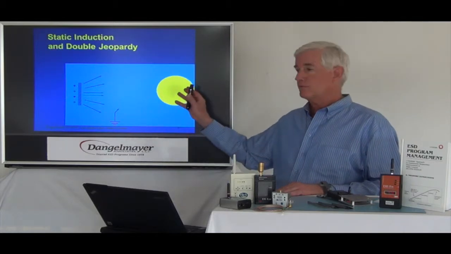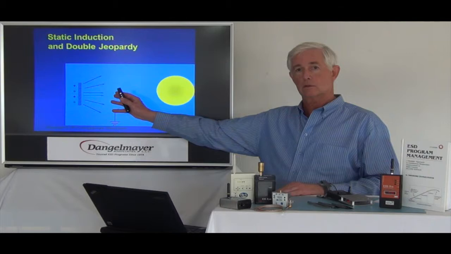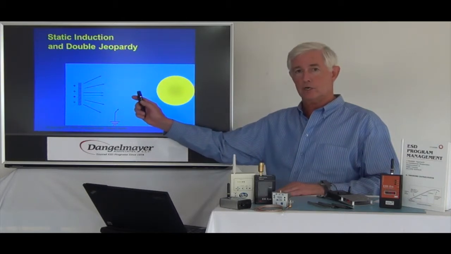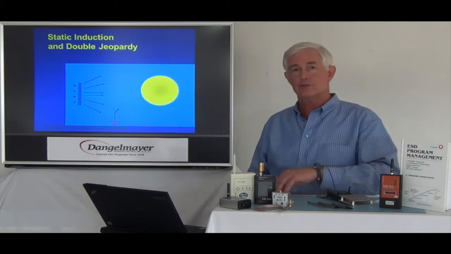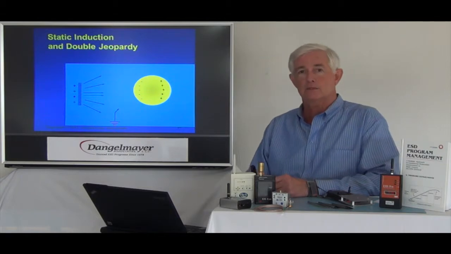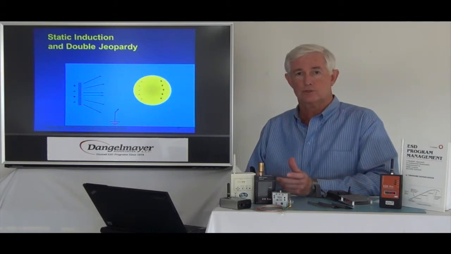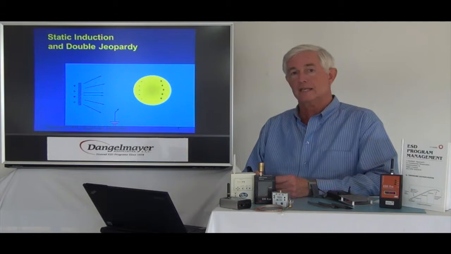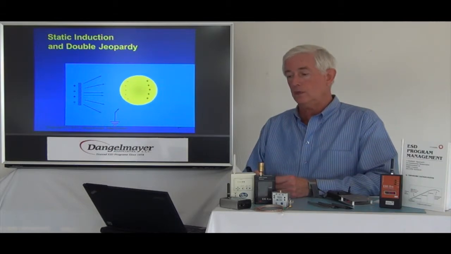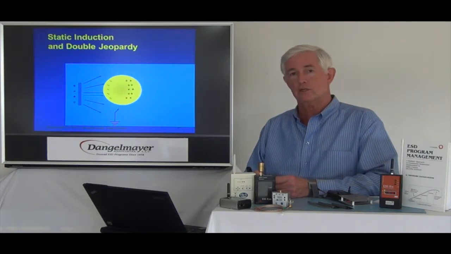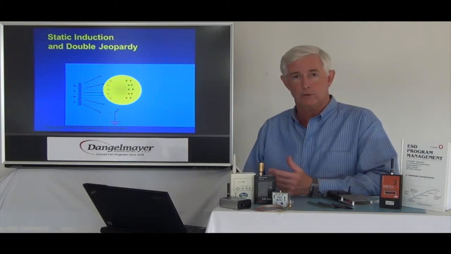Now, as this metal sphere comes toward that charged source, you'll see that it begins to polarize. You can see that the positive charges have been repelled and negative attracted to this source. As it gets closer, you'll see that the polarization amplifies. It becomes more intense, stronger, if you will.